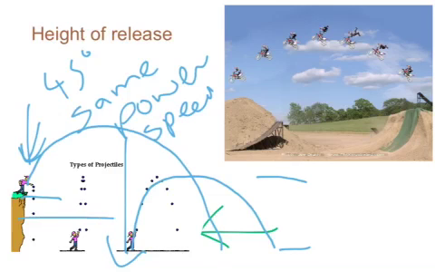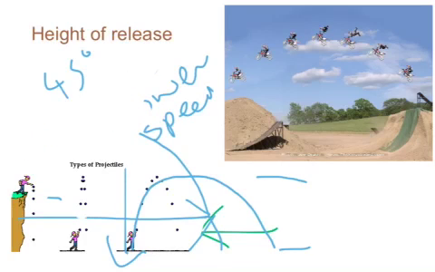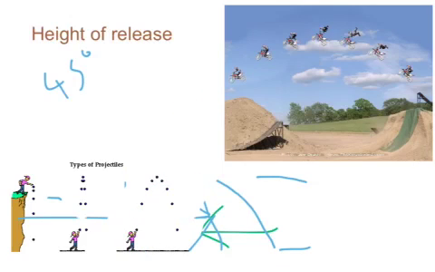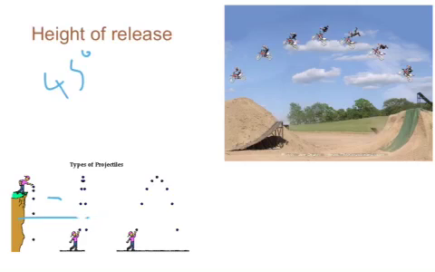Therefore, it'll gain a longer distance. Now, if we're thinking about height of release in shot put or discus, unless you're throwing from the top of a mountaintop, there isn't going to be a huge impact. However, if you went to the top of a mountain and you threw a discus and compared it to throwing off the ground, there would be a change.